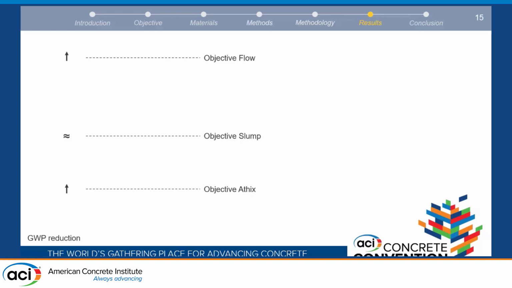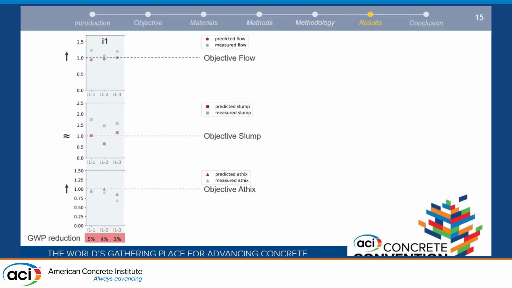And at the bottom, you have the global warming potential reduction compared to the reference material. So for the first iteration, we can see that the multi-objective algorithm captures the mix design trends, but the errors can still be substantial, especially for the slump test.